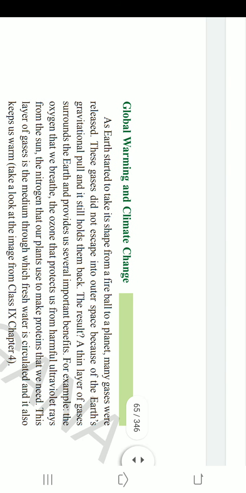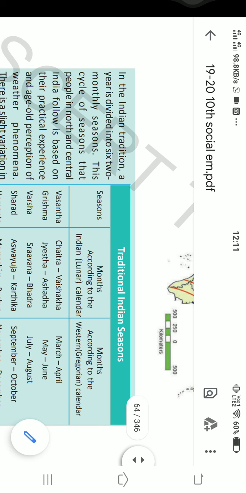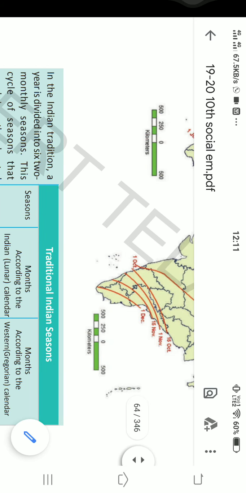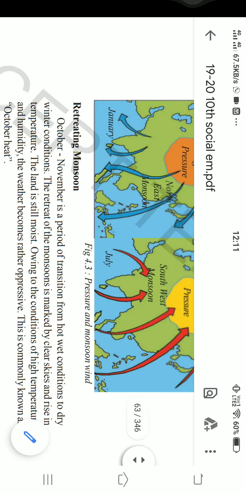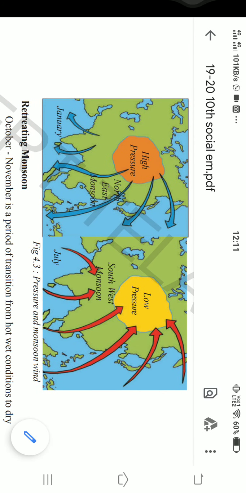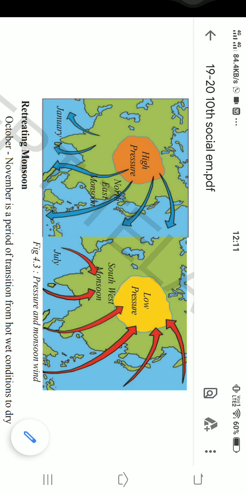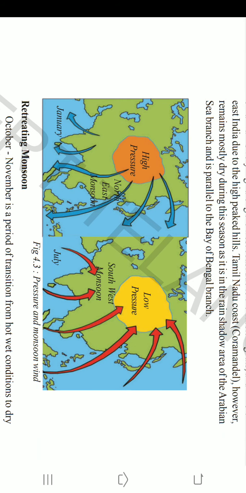Okay, this is the advancing monsoons and retreating monsoons. Once again I'm showing these figures. This high pressure belt forms on the Tibet plateau, right? This is the winter season, my dear students.